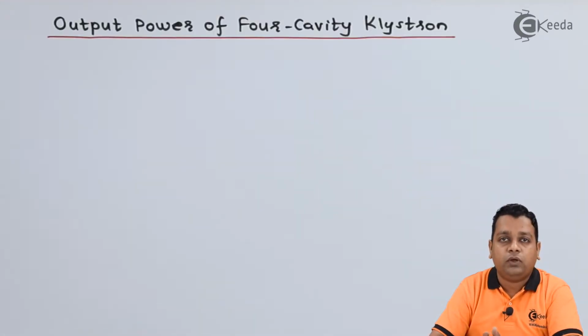Now we go for the convection current for the second intermediate cavity, that is the third cavity in the diagram, and it will be given by the formula.